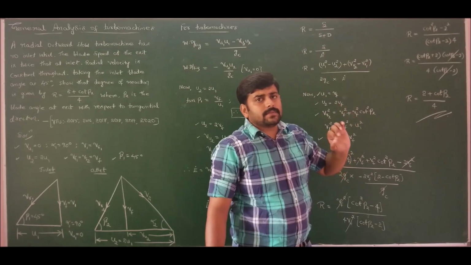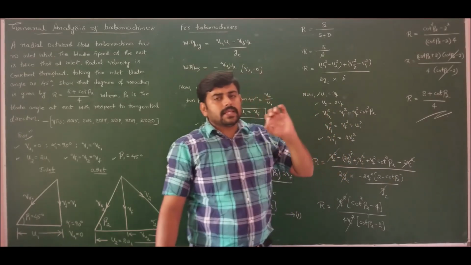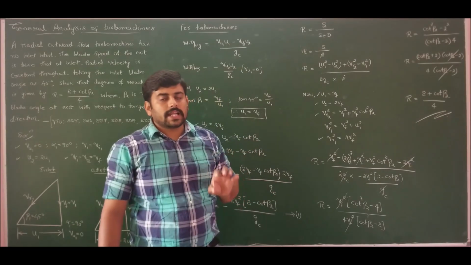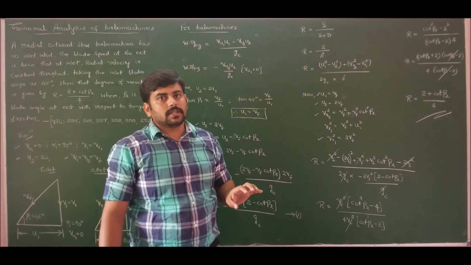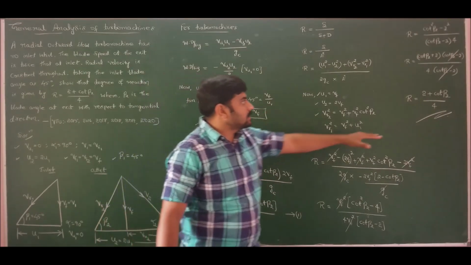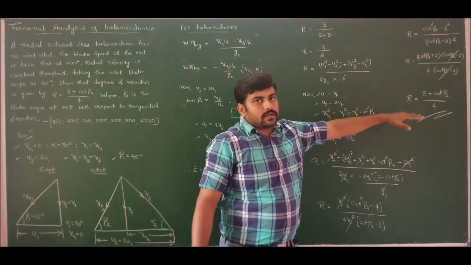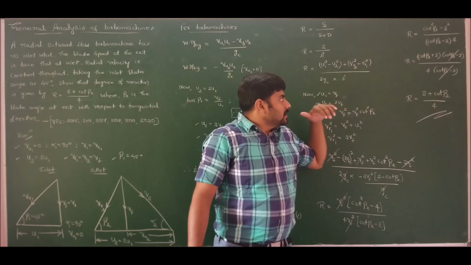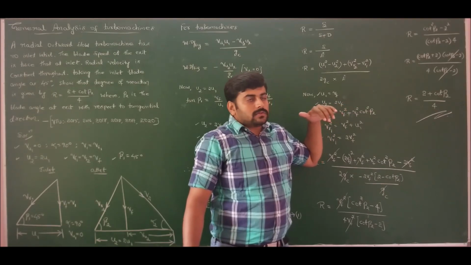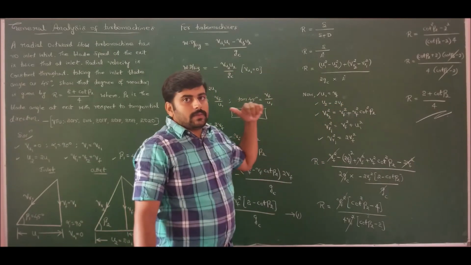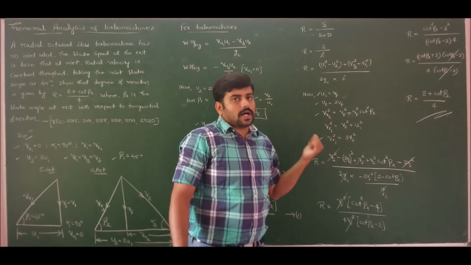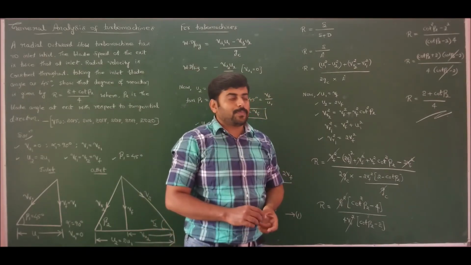If in the examination he has asked to explain the effect of blade discharge angle on degree of reaction for a radial outward flow turbomachine, then you should derive this and explain at what values of beta 2 there is a variation of r, that is the limiting value of beta 2 at which r will become negative, limiting value of beta 2 above which r will become positive, and at what value of beta 2 r is 0.5.